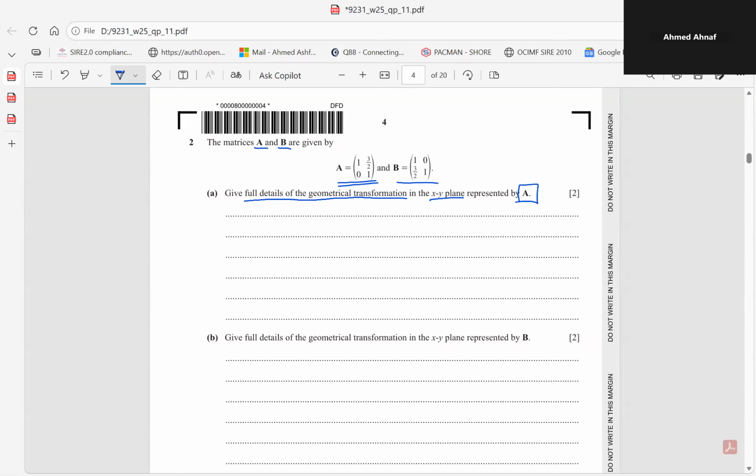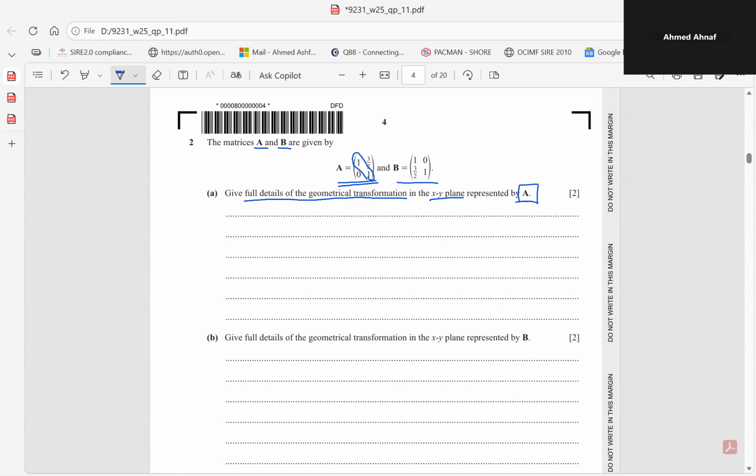Let's start by observing the elements in the matrix A. This diagonal here is the first thing that you should look out for. If both of them are 1, you can forget about stretches in the X and Y direction.